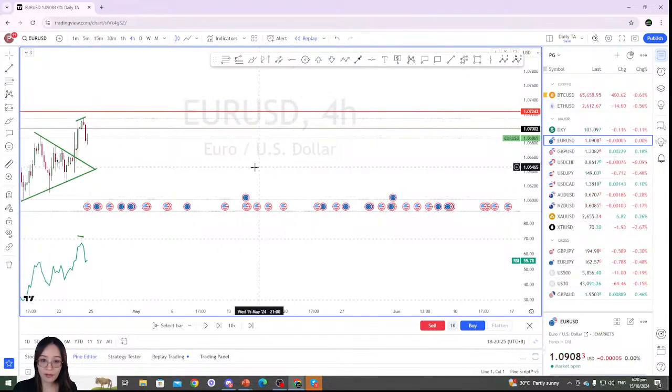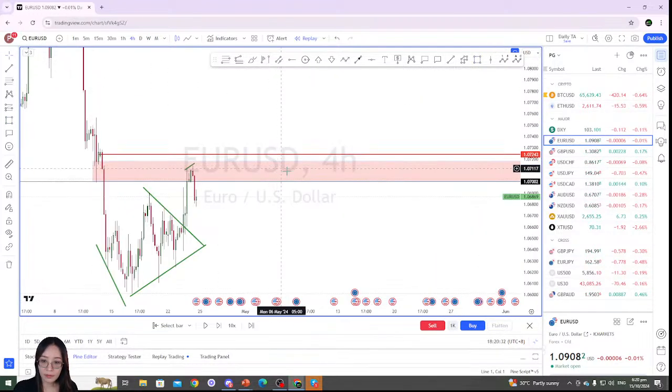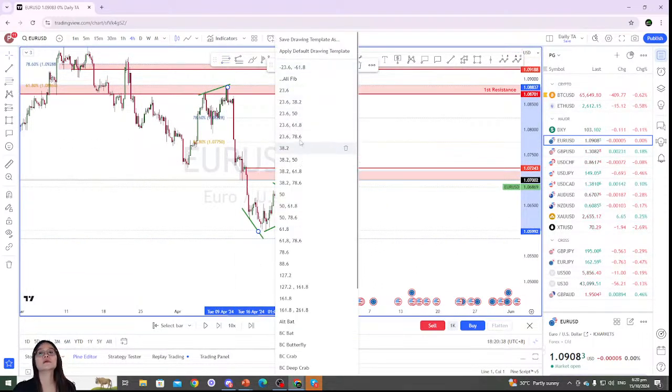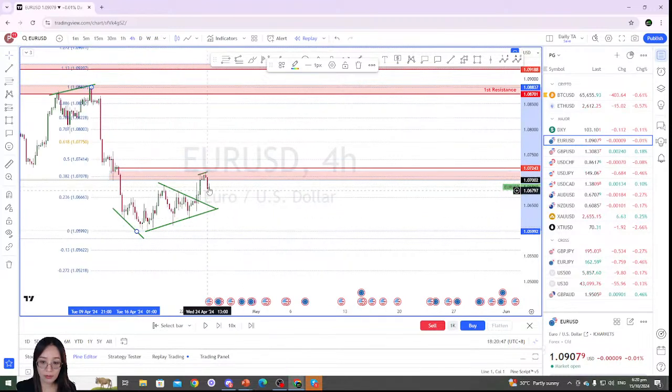My resistance level, don't forget the wick. Your wick is here, right? If I were to pull Fibo from my swing high to the swing low here, that would be 38 maybe. You can see that slightly 38.2%, and there's a wick here. So you can see that you can sell here, right?